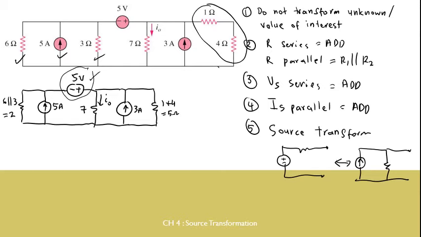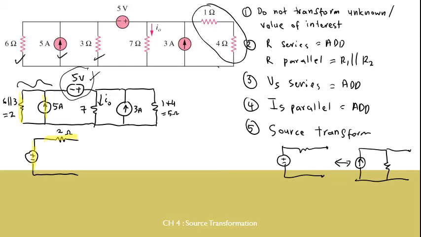Since the arrow is going up, you will have the positive side up and negative down, and then you have a resistor, which is this 2 ohms resistor. Make sure, because the current source here is in parallel with the 2 ohms resistor, you can transform it to a voltage source in series with these 2 ohms.